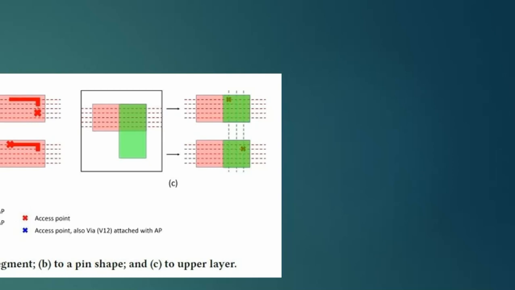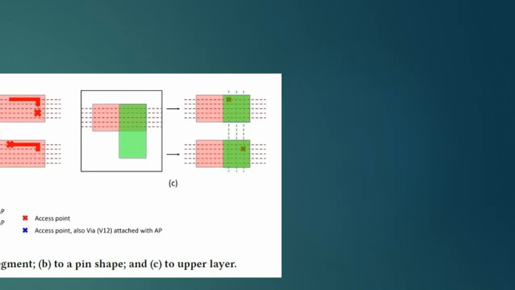The horizontal dashed lines are the routing tracks for the metal 2 layer, and the vertical green lines are the vertical routing tracks for the upper M3 layer. There are actually 15 intersection points between metal 2 and metal 3. Each of these possible connecting points is called an access point, and a collection of such points is called an APC.